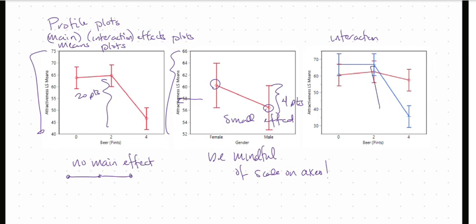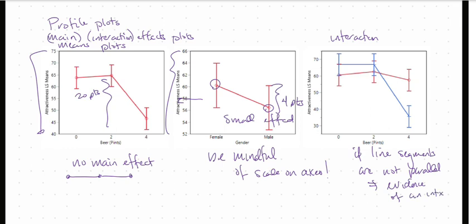So this change here is not the same as this change here. We have evidence of an interaction. So we're looking at each line segment. If the line segments are not parallel, that's evidence of an interaction.